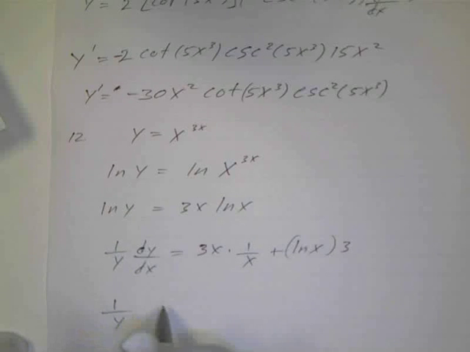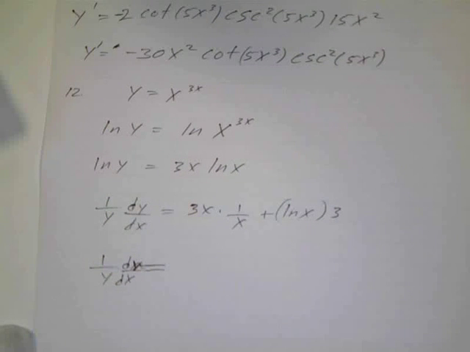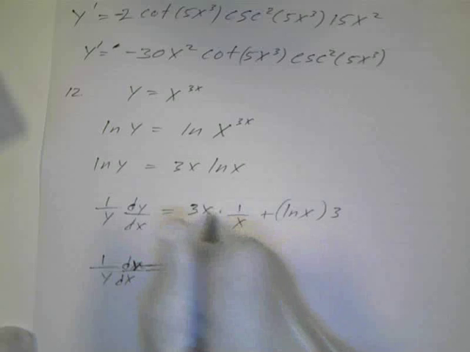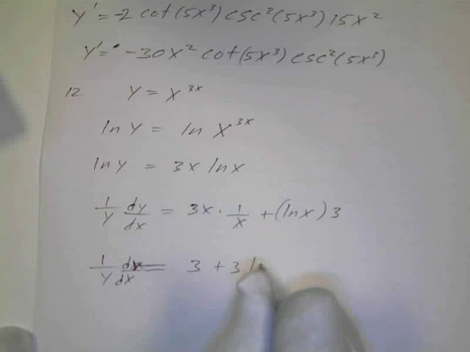So this is 1 over y dy dx. Okay. Sorry about that. And that equals, and these x's cancel, so I just have 3 plus 3 times the natural log of x.